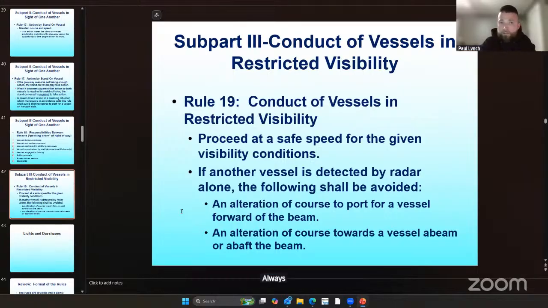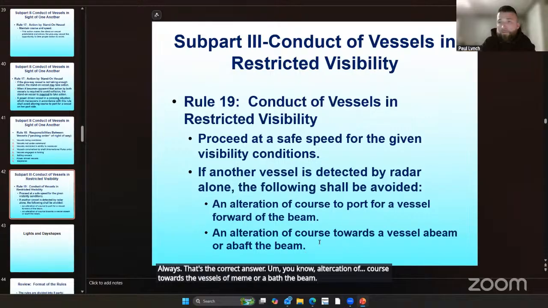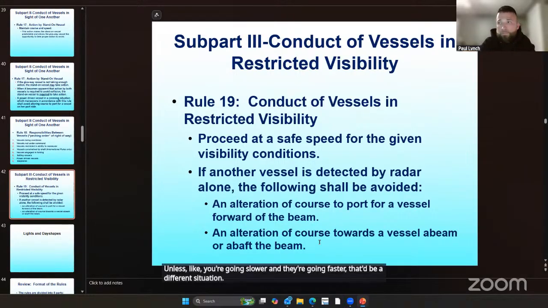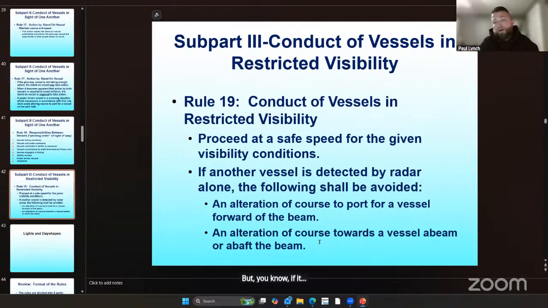Always. That's the correct answer. Alteration of course applies to vessels on the beam or abaft the beam. If it's behind you, you maintain course and speed, unless you're going slower and they're going faster, that'd be a different situation. But if they're behind you to your right and they're coming up on you, you alter course to port. Just steer away from them.